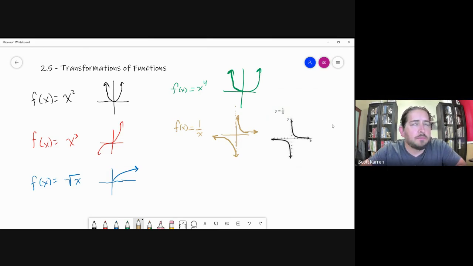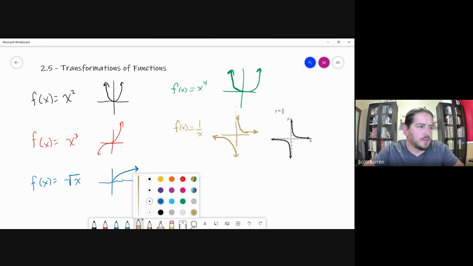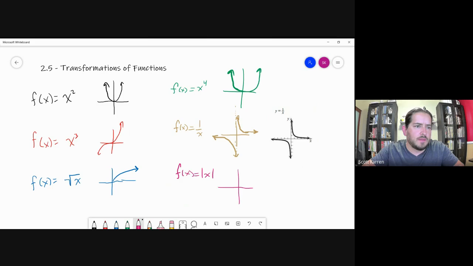So the absolute value of x, you'll want to know that guy. That looks like this. If x is positive, it's just basically x, so that's just a straight line like this.